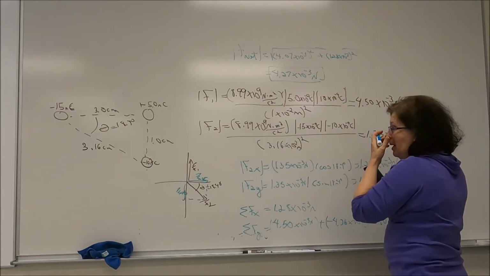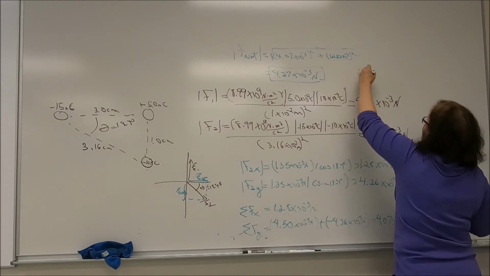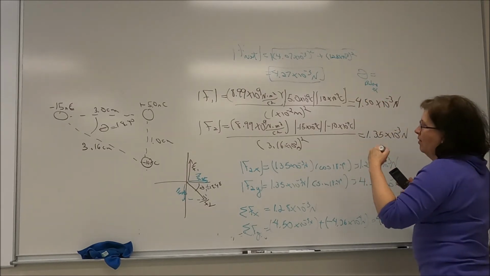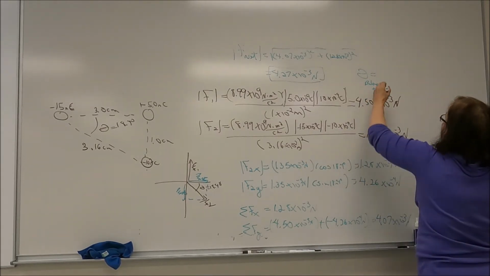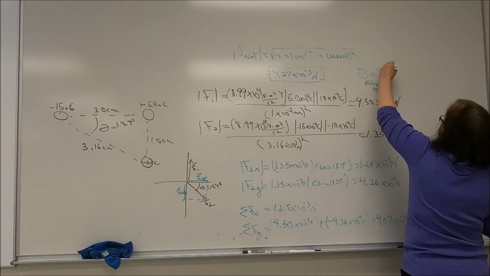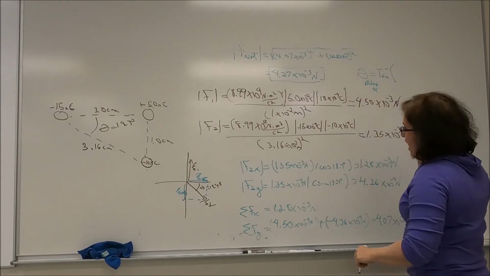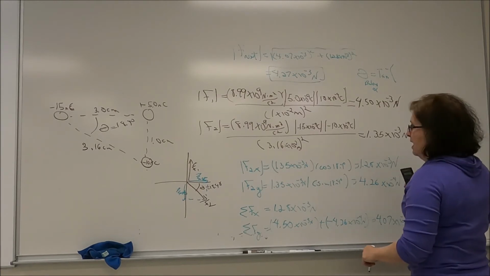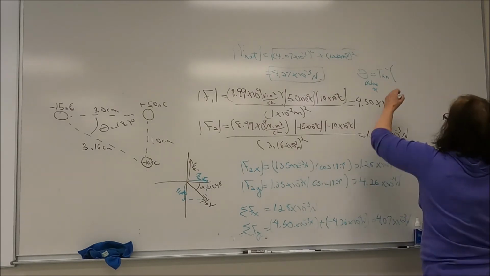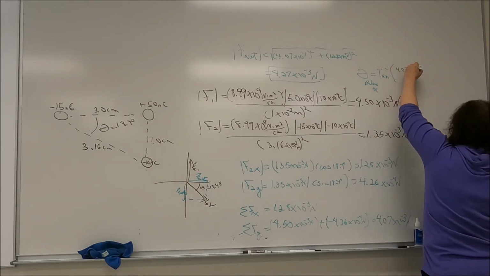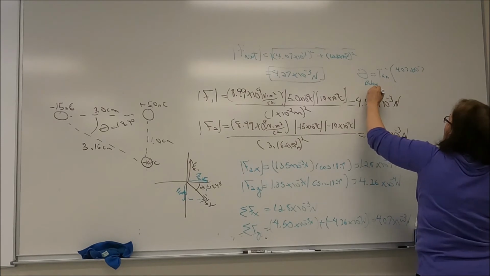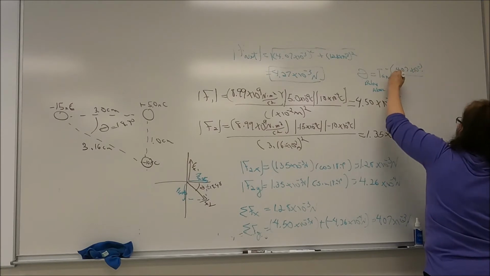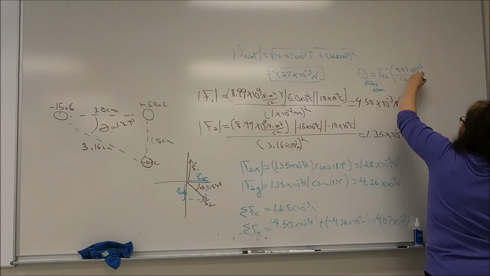And this is going to be at an angle theta below plus x, so that would be clockwise, and theta would be the inverse tangent of the magnitude of y over x, and y was 4.07 times 10 to the minus, actually it's above, 4.07 times 10 to the minus 3 divided by 1.28 times 10 to the minus 3.